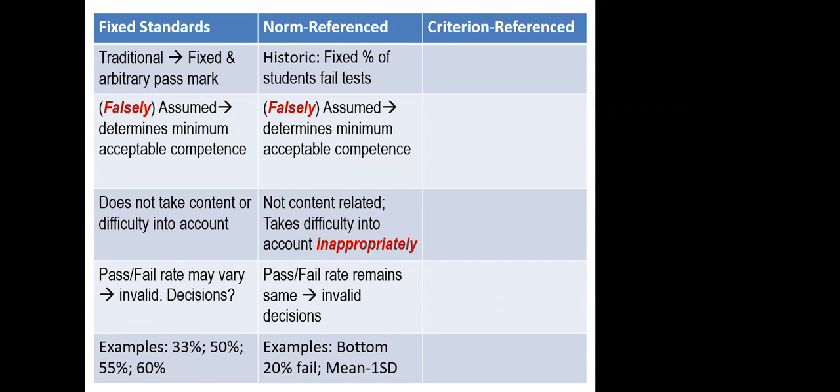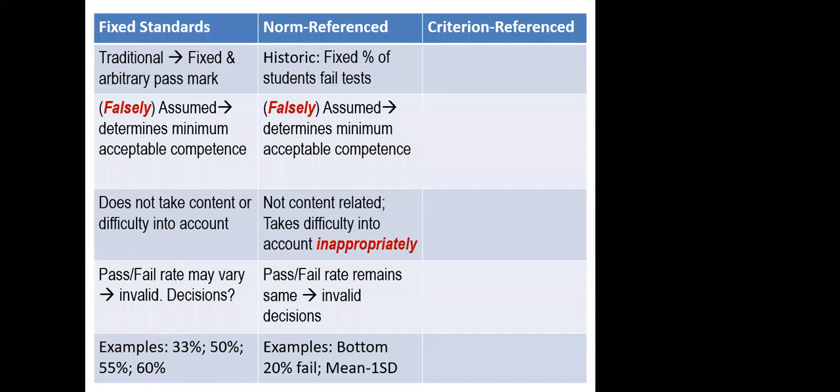You do 60 minus 5 and your pass score becomes 55%. So this is how norm-based methods work. And they are dependent upon the cohort. If you see, a bottom 20% will always fail. Or those will fail who have scored 1 standard deviation below the mean score.